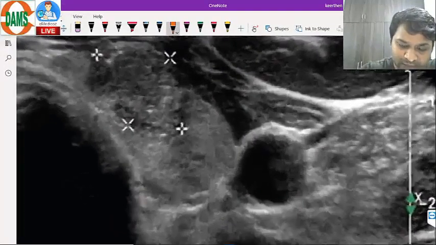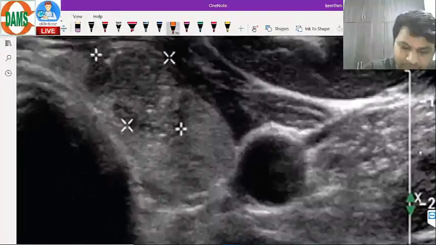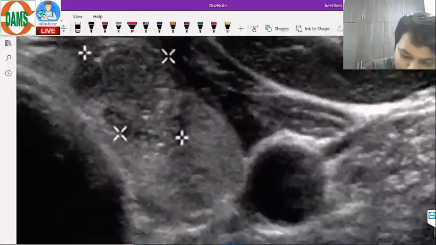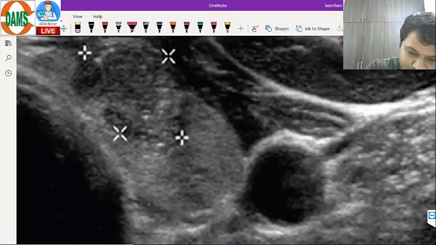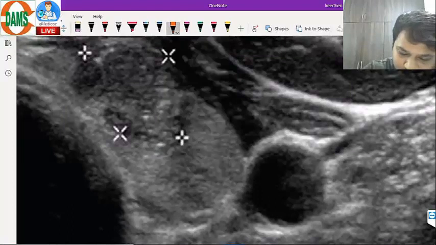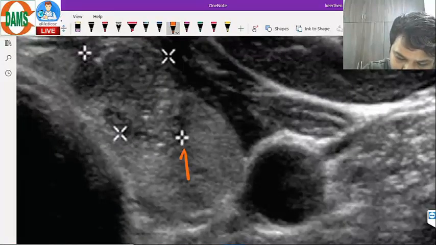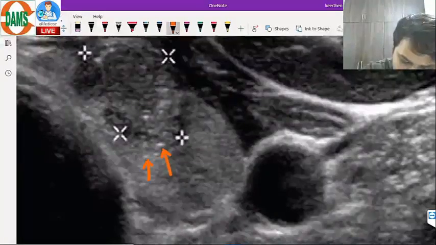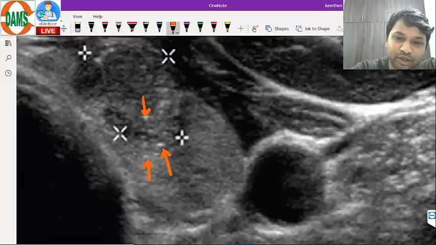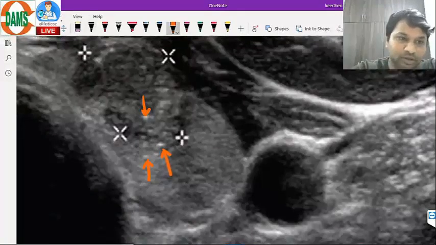This is the area where we're looking, and these bright spots between these arrows, you can see the brighter spots. Here one, this one, this one, right? So these are the calcifications that you are able to see. Able to follow?